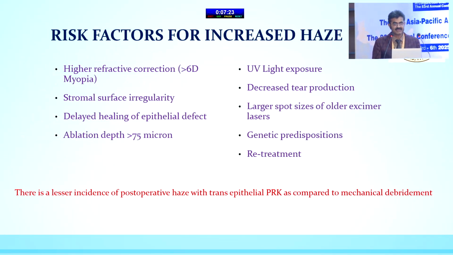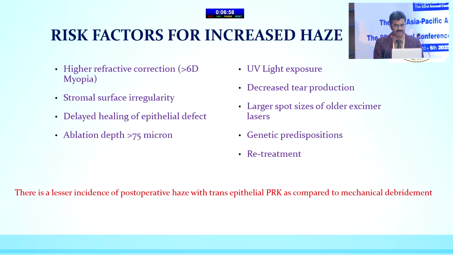So the risk factors for increased haze, as I already mentioned, is the higher amount of refractive correction. If you go beyond 6 diopters, the chances go higher. And if there is a stromal surface irregularity present, a delayed healing of epithelial defect observed, or an ablation depth more than 75 microns, it is more liable for haze.